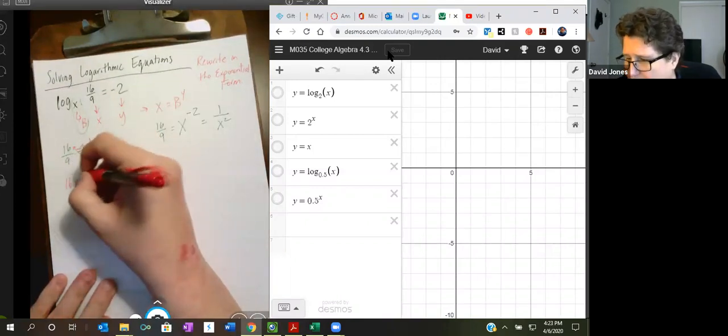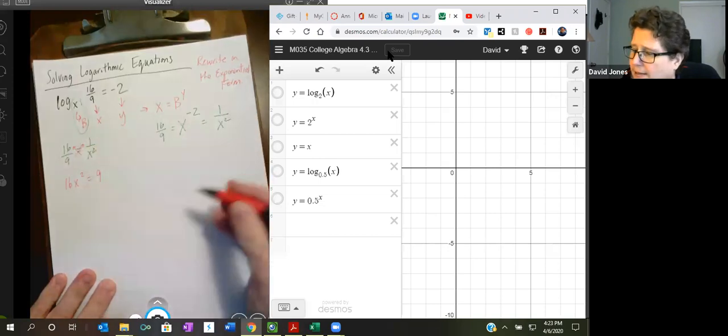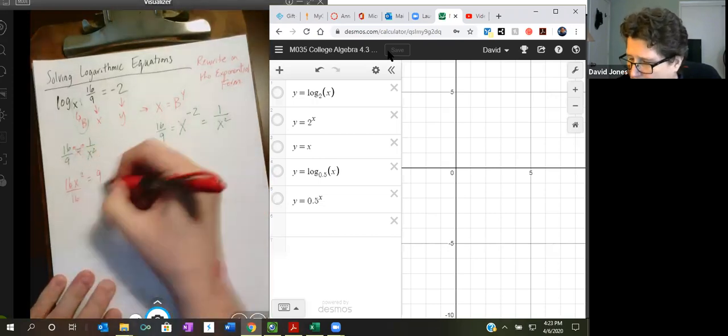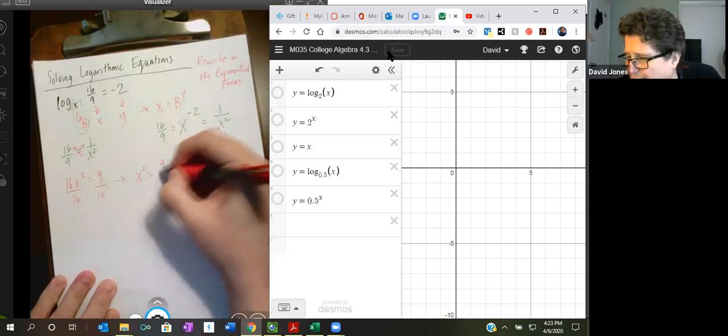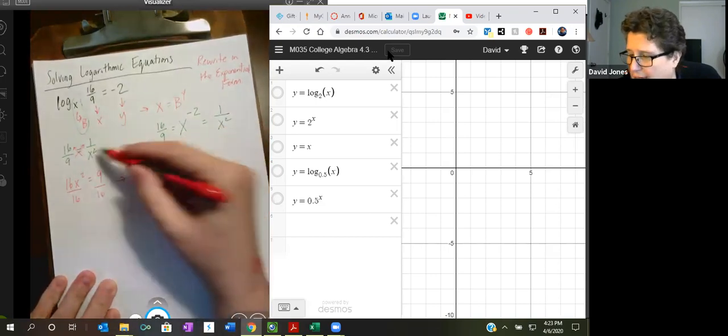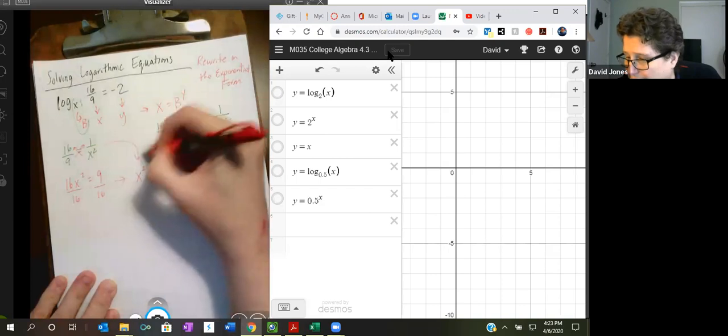16x squared equals 9. We divide by 16, and we get x squared equals 9 over 16, which is why I said we could flip it. This is flipping them.